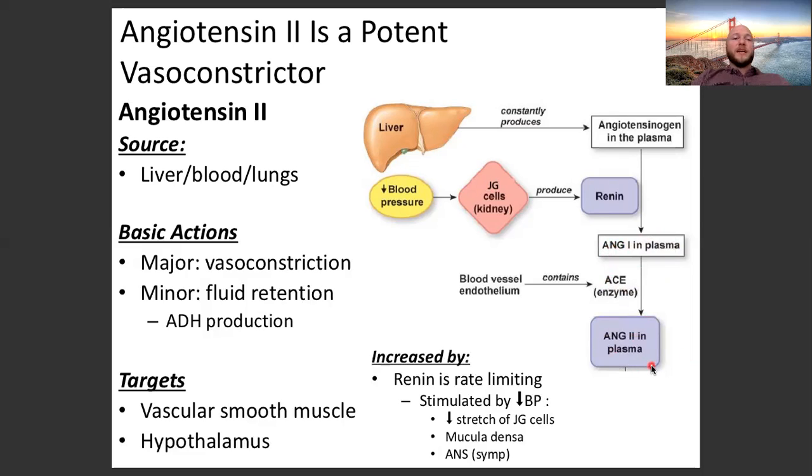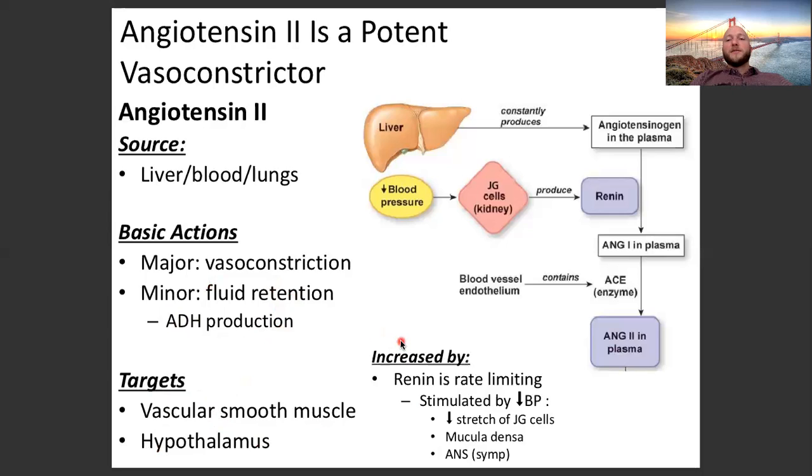Angiotensin 2 is a very potent vasoconstrictor. So the major action is vasoconstriction. It also helps some with fluid retention by promoting ADH production. It targets vascular smooth muscle, that's the vasoconstriction, and the hypothalamus, that's the ADH production.